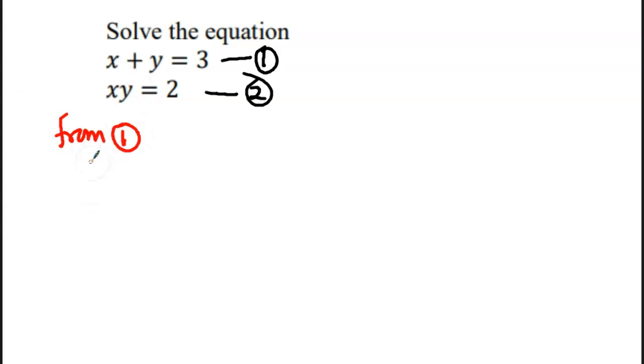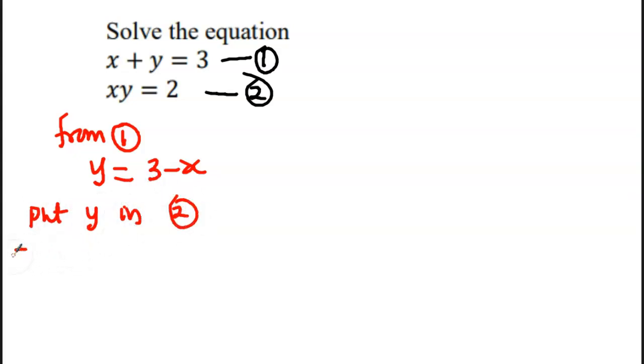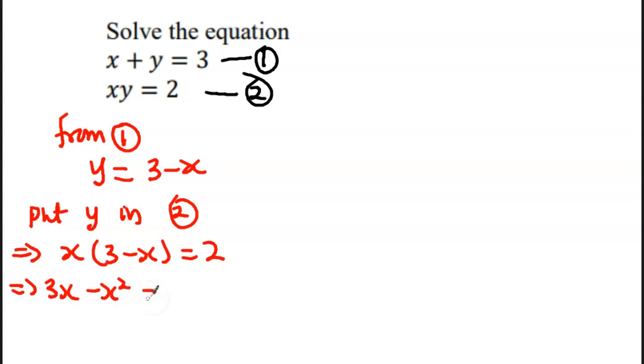So from 1, we can find y to be 3 minus x. We then put y in equation 2. So this implies x times (3 minus x) is equal to 2. So we have 3x minus x squared is equal to 2.